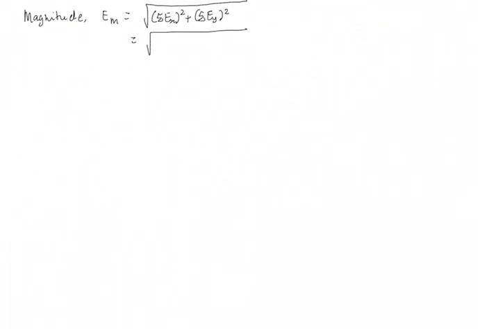Substitute your values: 1.22 times 10 power of 4 squared plus 4.32 times 10 power of 3 squared. So your EM is 1.29 times 10 power of 4 Newton per coulomb.